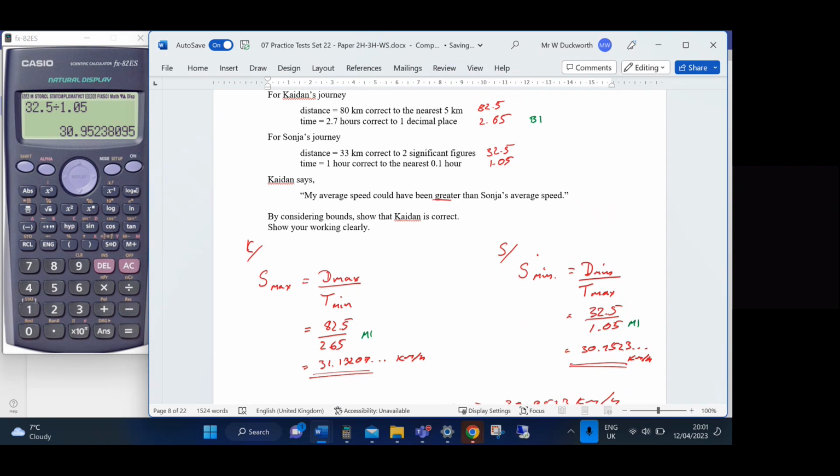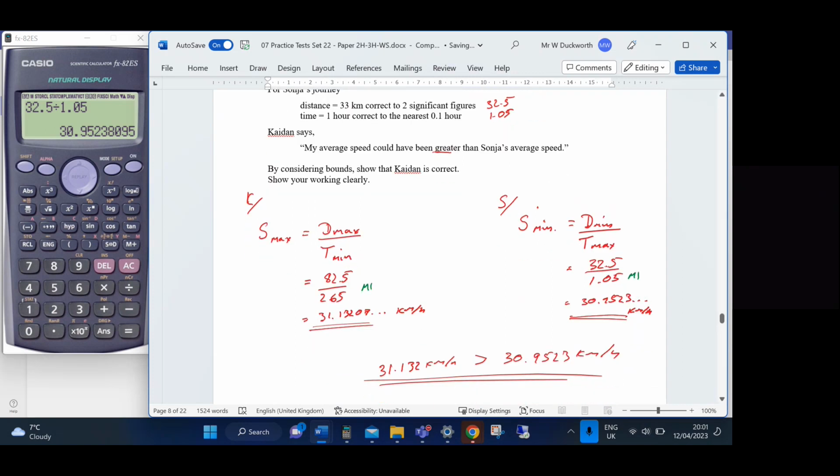And then finally A1 for shown with accurate figures in the same units. Sufficient figures for comparison can be truncated, but must be from correct working, and UB for Caden and LB for Sonia selected. Okay, so that's my A1. Technically, it's not for this line, it's for this line here, but that's fine.